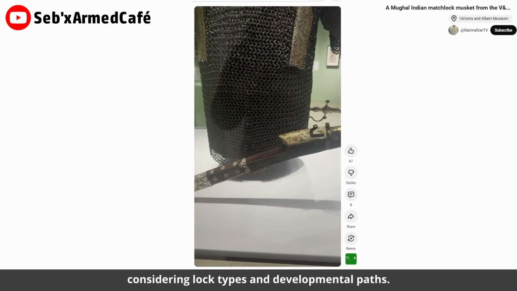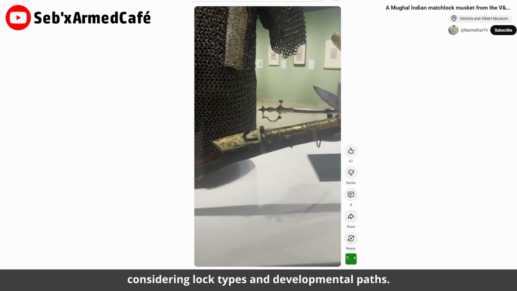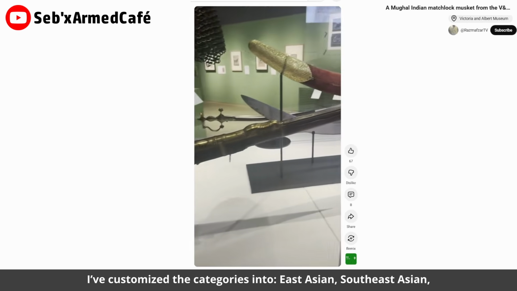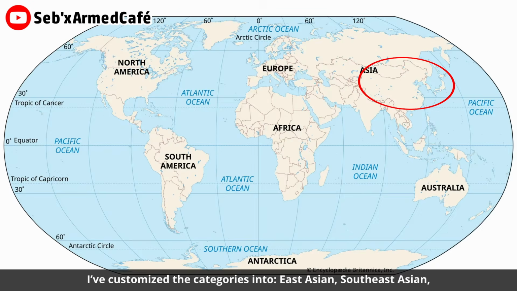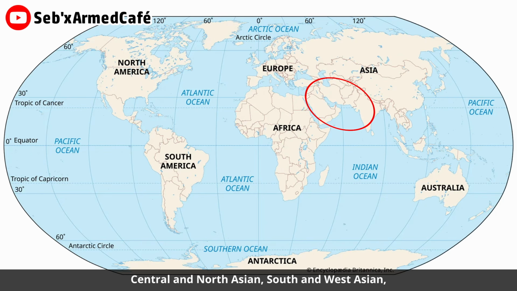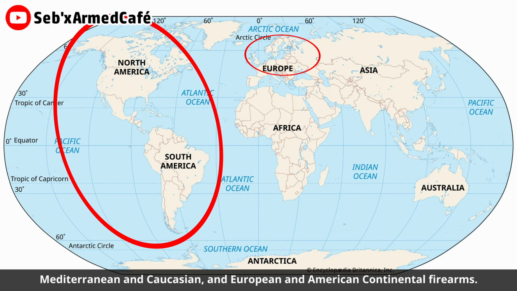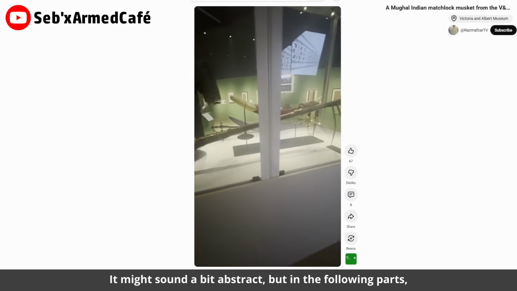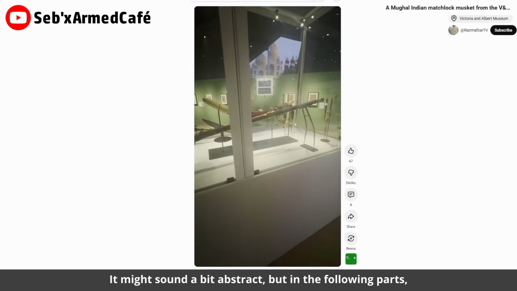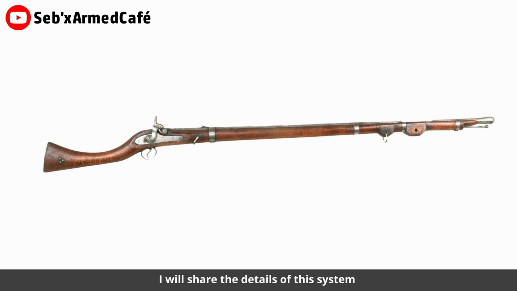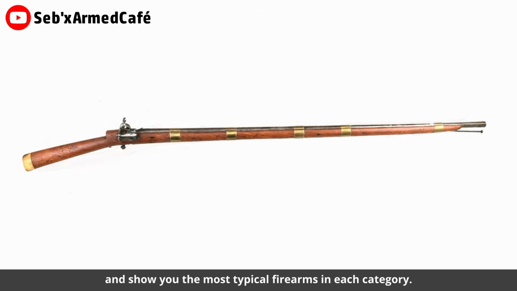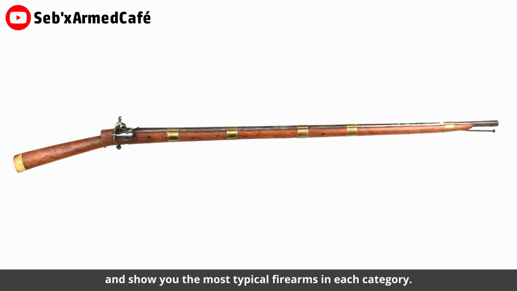Considering local types and developmental paths, I've customized the categories into East Asian, Southeast Asian, Central and North Asian, South and West Asian, Mediterranean and Caucasian, and European and American continental firearms. It might sound a bit abstract, but in the following part, I will share the details of this system and show you the most typical firearms in each category.